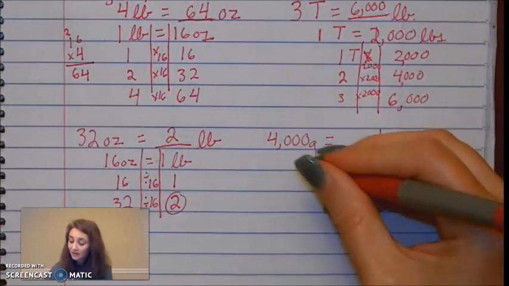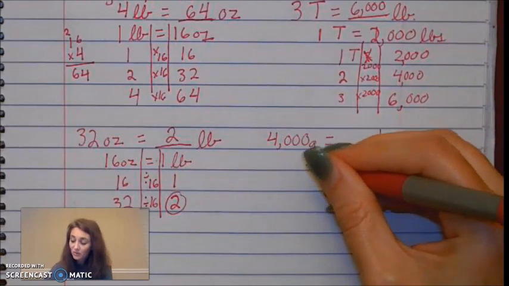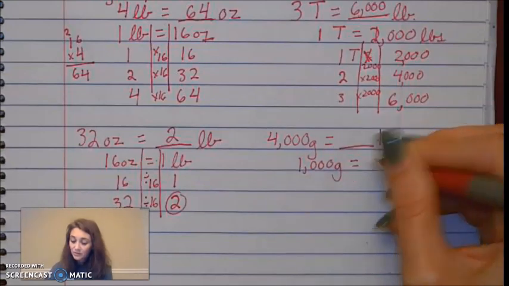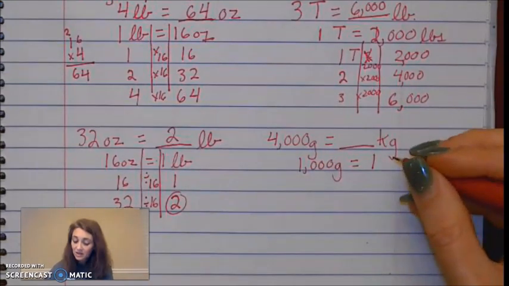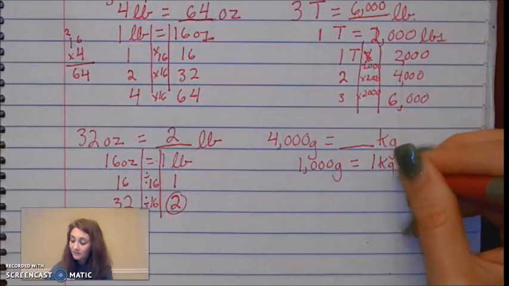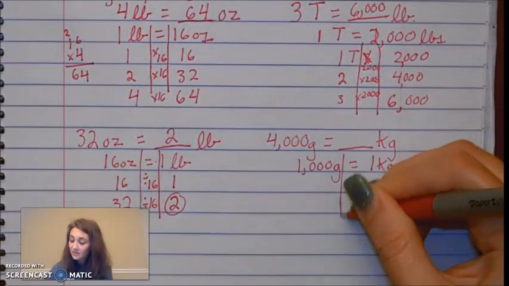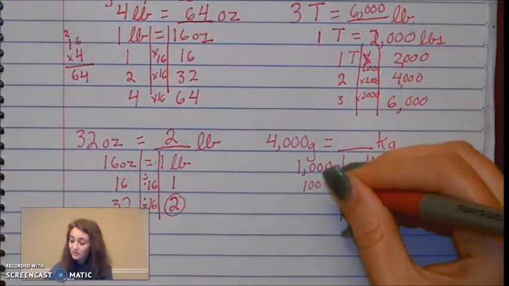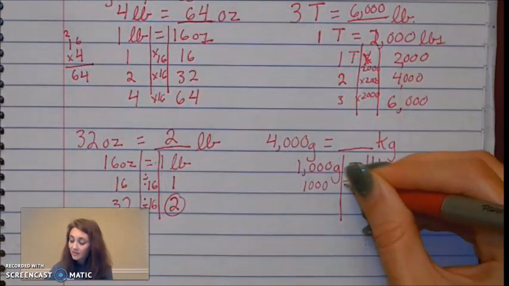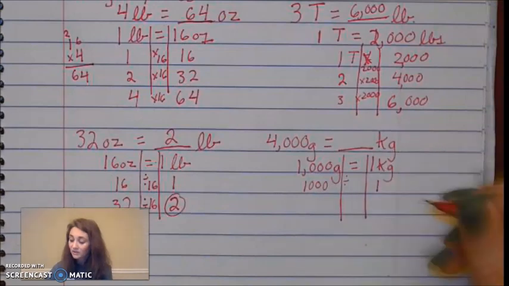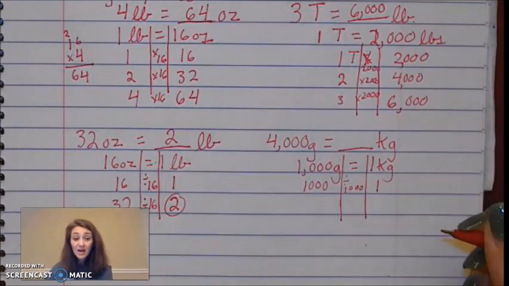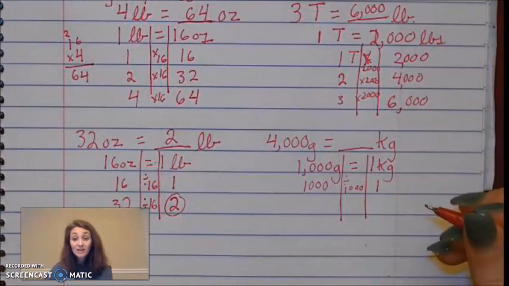All right, I know that if I look at my chart, I can see that 1,000 grams equals 1 kilogram. I'm going to make my middle section a little bigger on this one. 1,000 divided by something equals 1. 1,000 divided by 1,000. We're just going to go back and we're going to multiply instead.